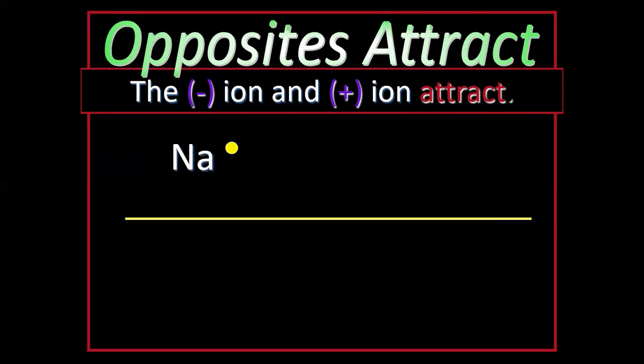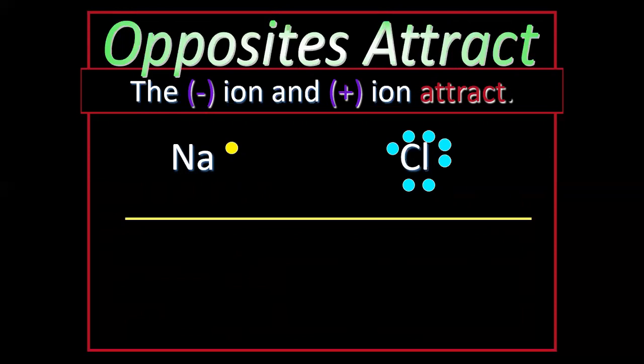For example, sodium has 1 electron in its valence shell, and chlorine has 7 electrons in its valence shell. So sodium loses 1 electron to attain stability, and chlorine gains 1 electron to attain stability. Sodium, after losing 1 electron, acquires the noble gas electronic configuration of neon.